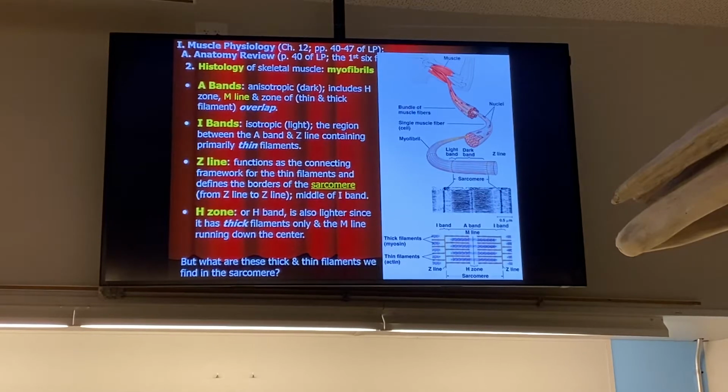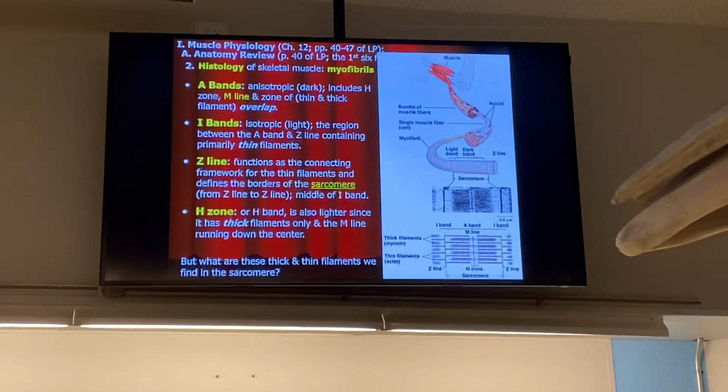Okay, you guys ready? Let's go over the sarcomere. What you want to write next to this slide is: where you have both types of myofilaments, it's dark. Where you only have one type of myofilament, it's light. Let me say that again since I didn't see everybody writing this down. Where you have both types of myofilaments, it's dark.